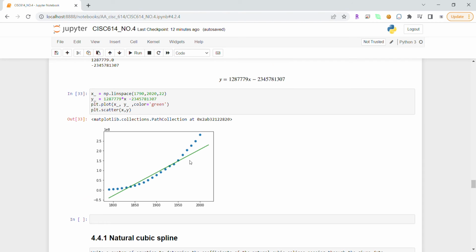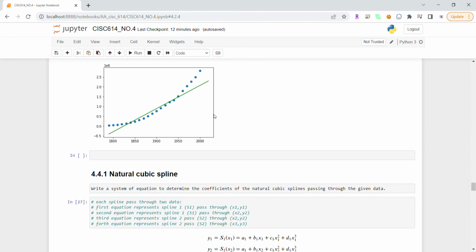It looks like this, and it can present the trend of the data set, but it cannot present the change of the rate of the data, because in the straight line the rate of change keeps the same all the time.